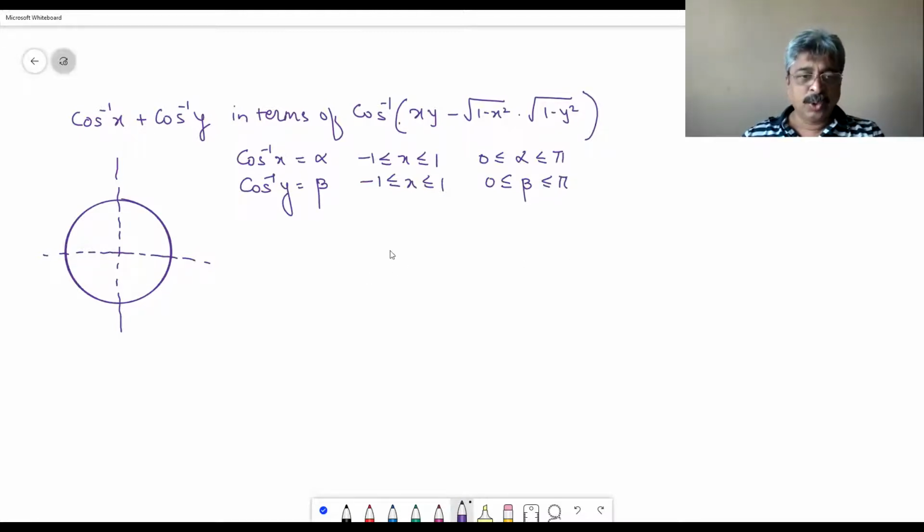Okay, so the safe case will be if the sum of these two angles, alpha plus beta, still continues to stay between 0 to pi. That is our safe case.